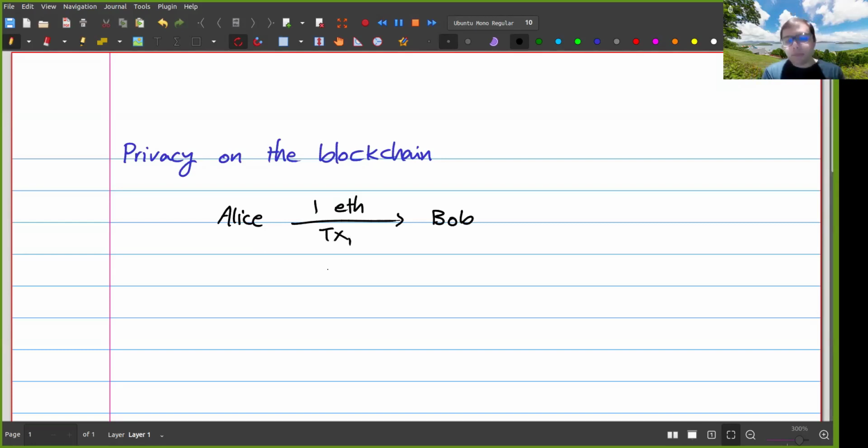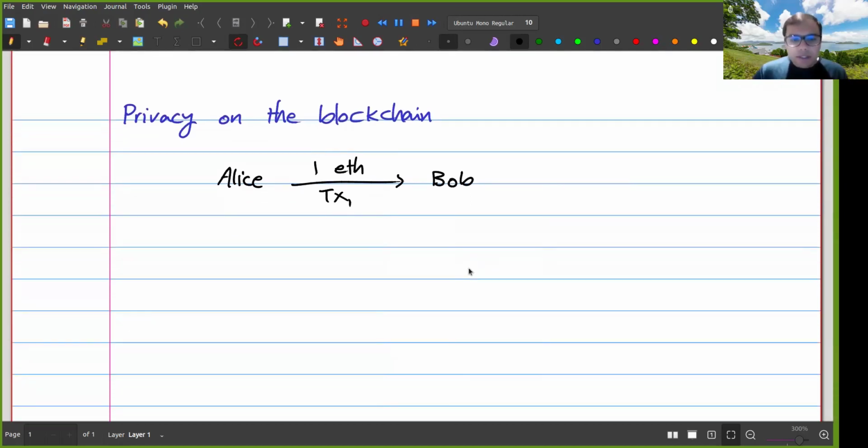So what's actually happening? Alice creates this transaction and announces it to everyone on the network. It goes around the network using the gossip protocol, and then it gets picked up by a miner and added to a block, right? But this particular transaction is going to also include Alice's identity.